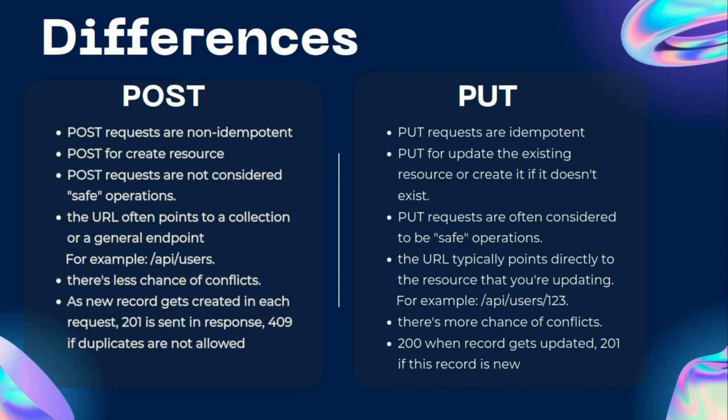But in the case of a PUT request, when we successfully update a record, we will get a 200 status code, and if the existing resource is not there on the server, it will create a new record and we will get a 201 status code in the response. So this is the sixth difference between POST and PUT request.